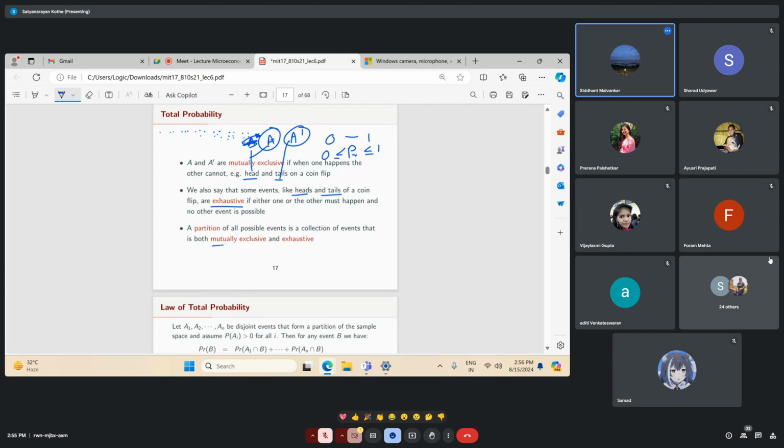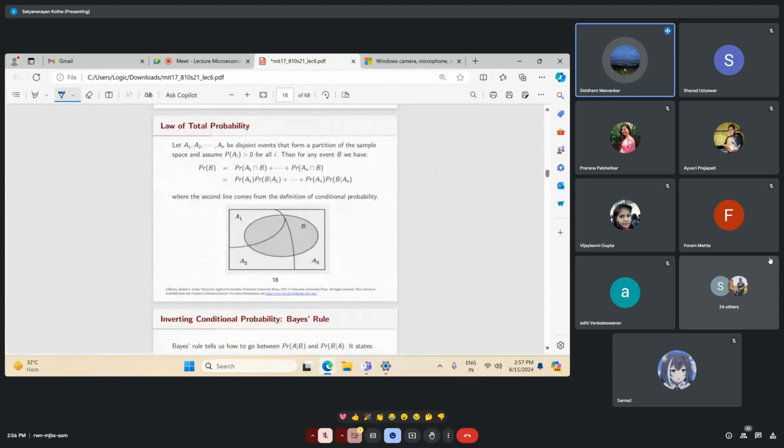So a partition of all possible events is a collection of events that is both mutually exclusive and exhaustive. We want to define this total probability. To define that, we need a partition of all possible events, a collection of events that is both mutually exclusive and exhaustive, and then we will be able to find the total probability.